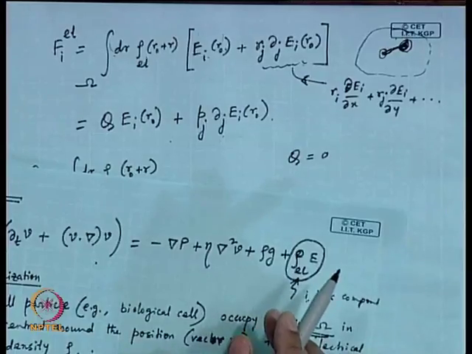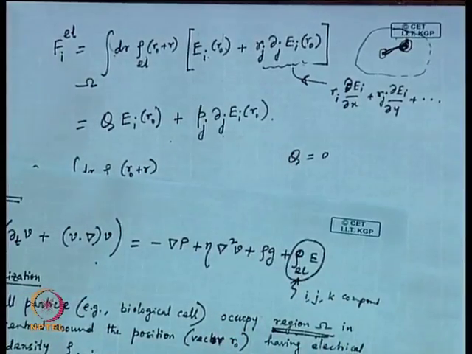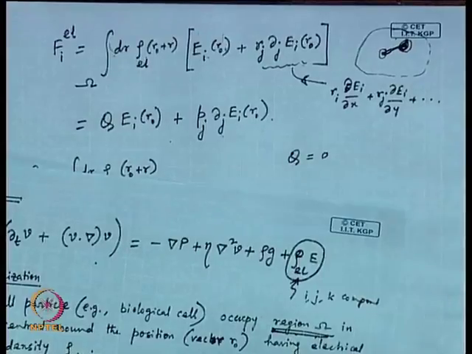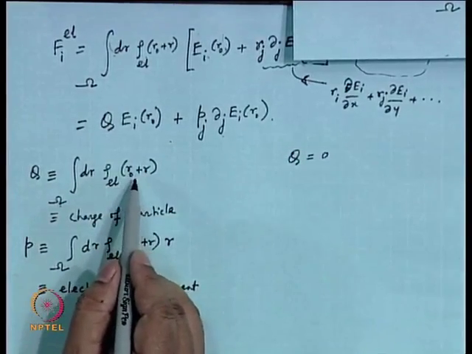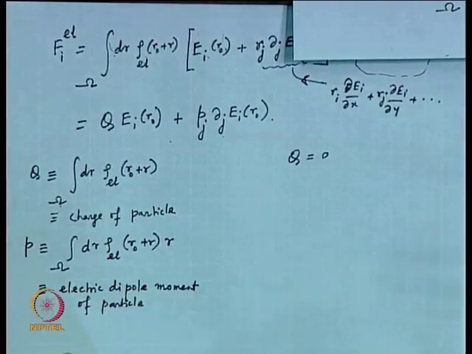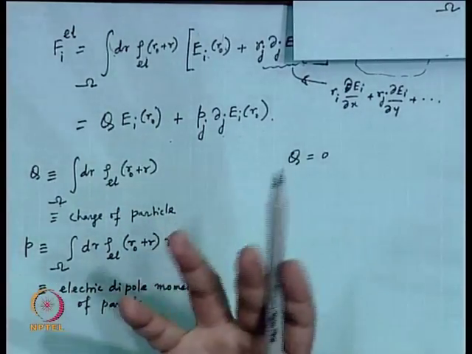Our understanding is Q equal to 0 means what? What is Q? Integration dr over the entire domain omega, rho EL(r naught plus r). So, sum of all the individual charge densities at various points, and if the net charge of that particle is 0, in that case our understanding is that this is incapable of giving rise to any body force. That is what our understanding was.